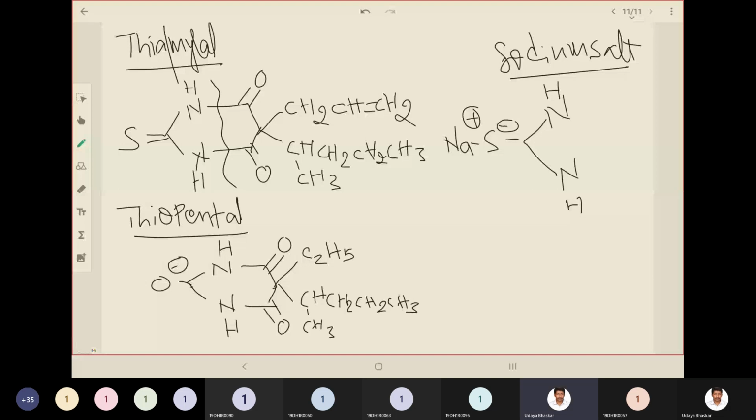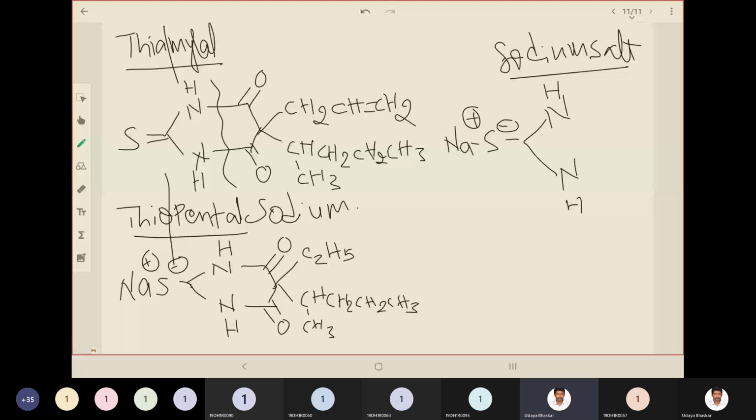This will become thiopental. That is how you write thiopental and thiopental sodium. That difference should be clearly shown. If it is not sodium, you will have double bond S. If it is sodium, you will have single bond S minus, and you will add cation sodium. Is that clear?